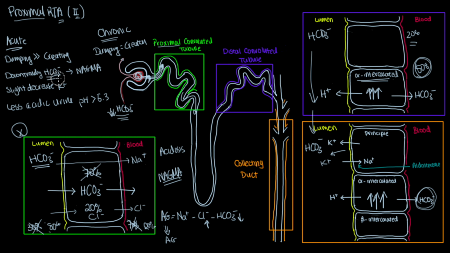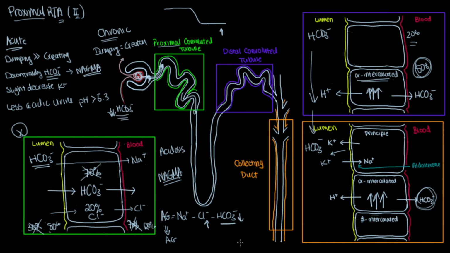So we have a stable bicarb. However, we'll still have a non-anion gap metabolic acidosis, because if you track the serum bicarb, it was normal, started dropping in acute proximal RTA, and then balanced out at this low amount, where the alpha intercalated cells are able to account for the loss of bicarb and keep it at this level here.